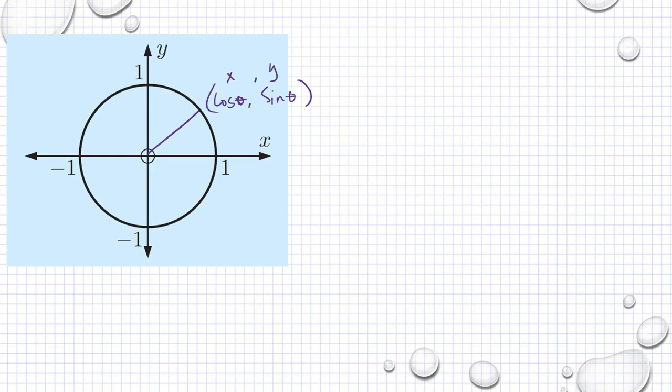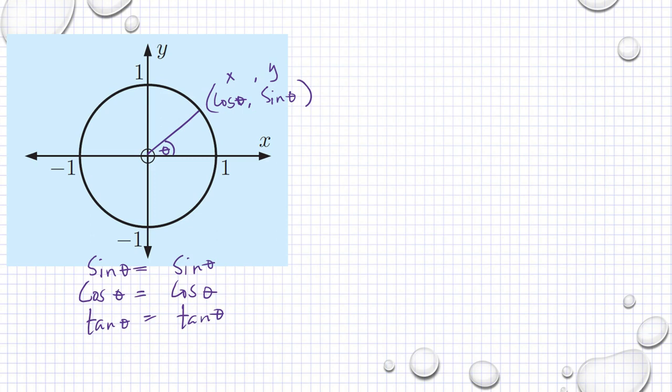In the first quadrant, sine theta is positive, cosine theta is also positive, and our tangent is also positive.